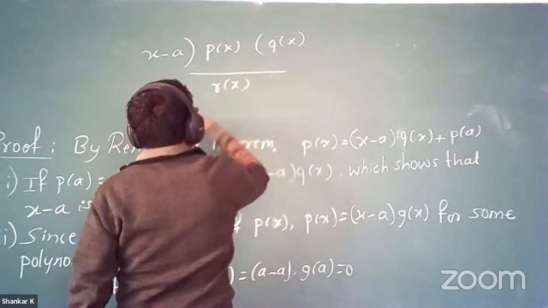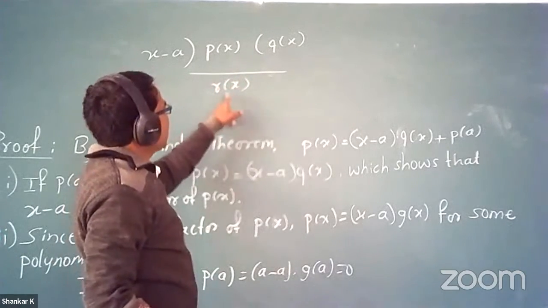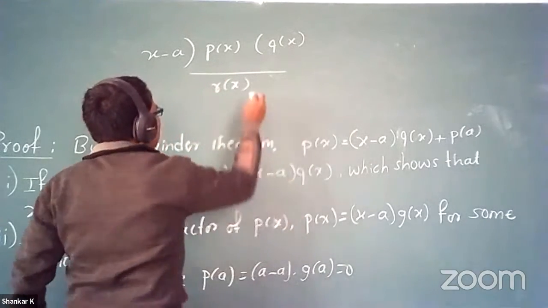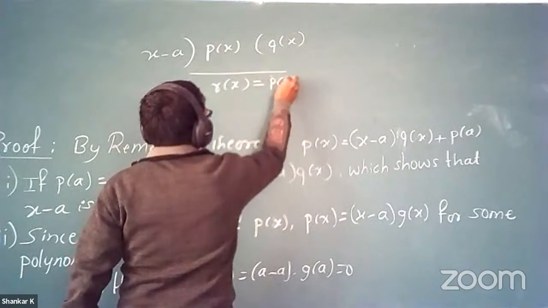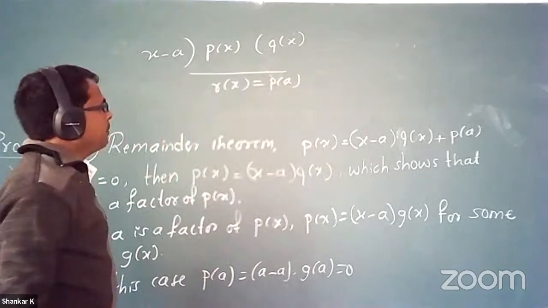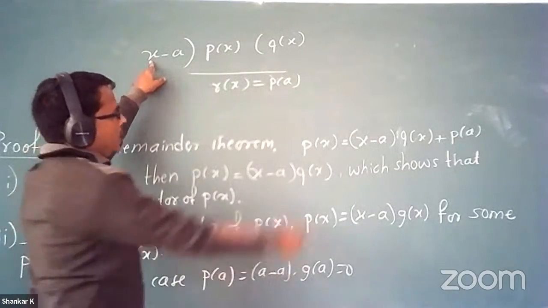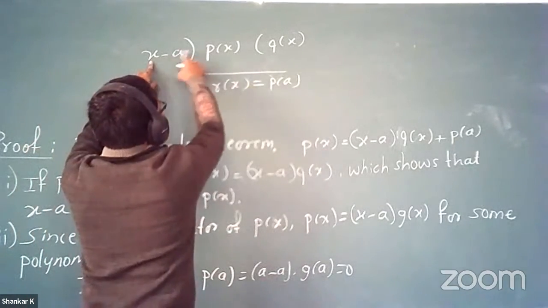And by the remainder theorem, r of x is nothing but P of a. So when P of x is divided by x minus a, we can write this way.